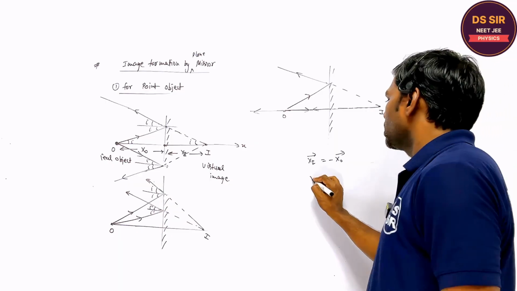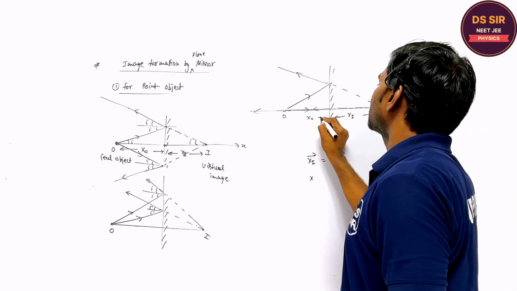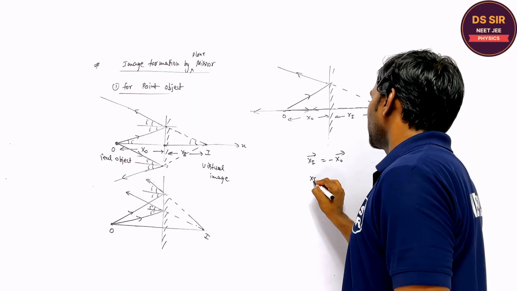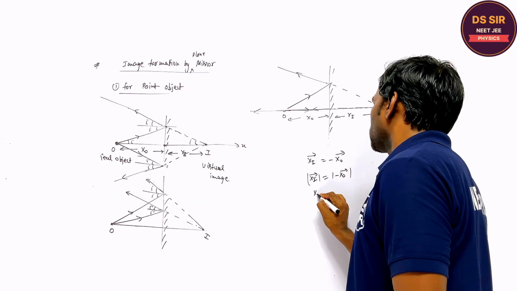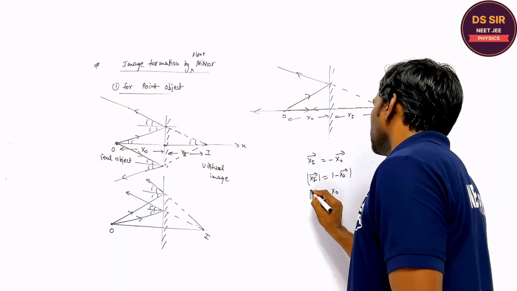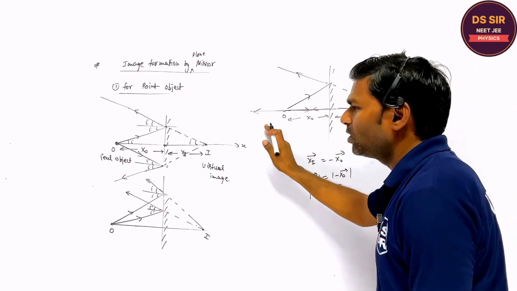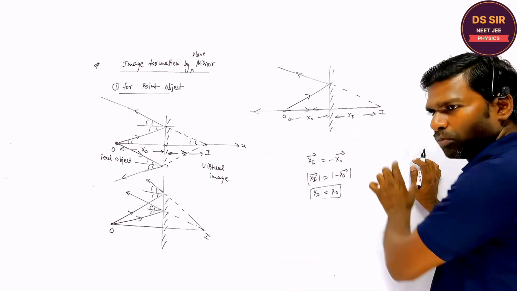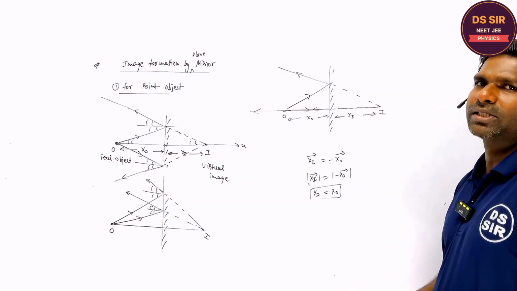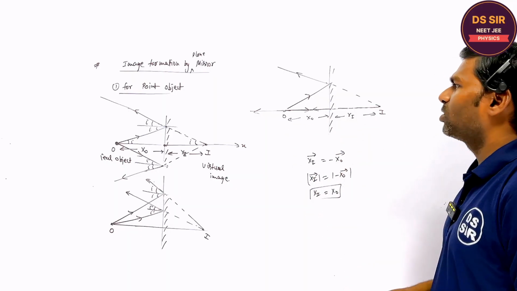In magnitude, if this is the distance x1, this is the distance x2, the magnitudes are also equal. Is it clear? So the distance behind the mirror and the distance in front of the mirror, of the image and object, both are present at equal distance, right? These distances are equal. Is it clear or not?